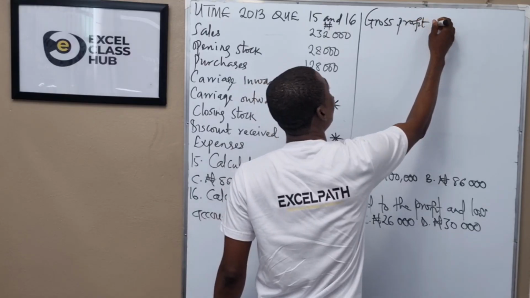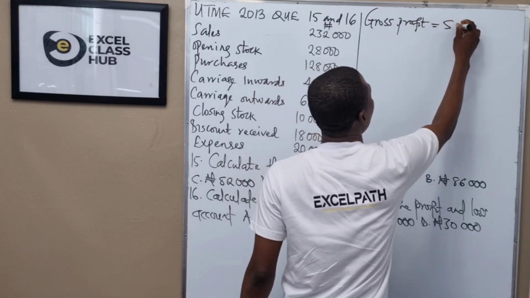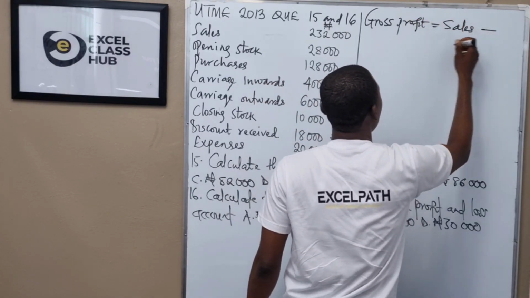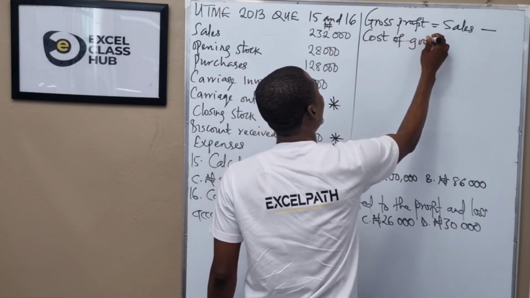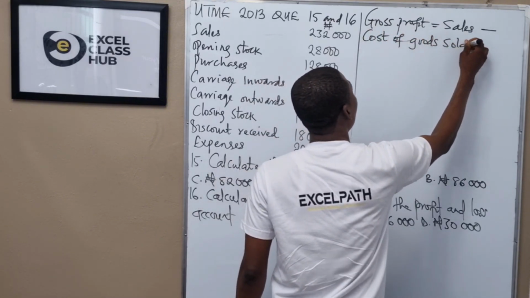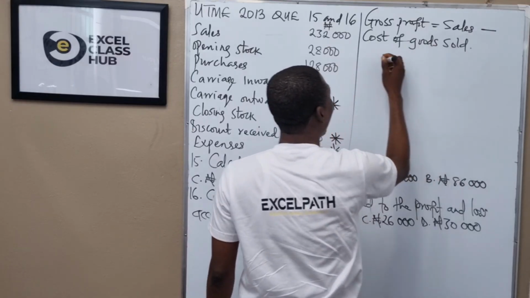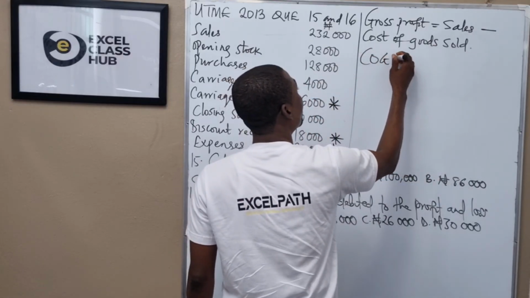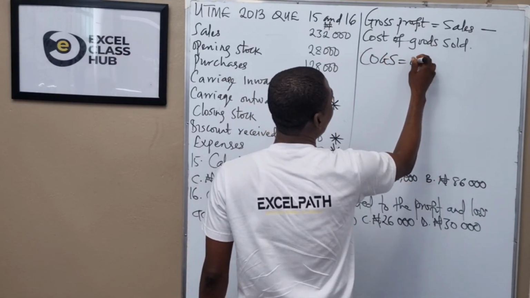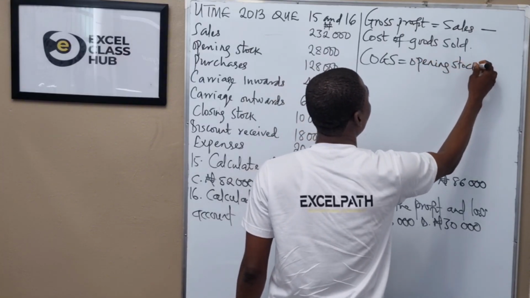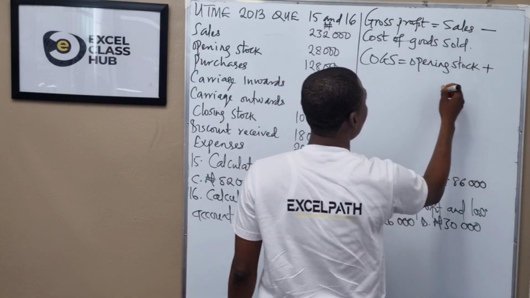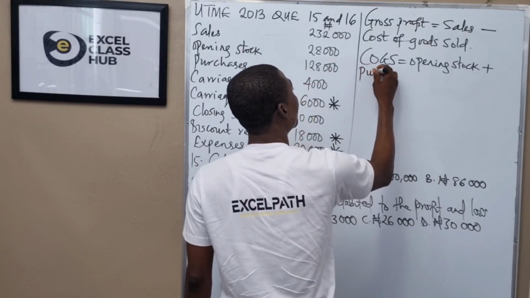Gross profit is equal to sales minus cost of goods sold. Okay? And our cost of goods sold is equal to what? Opening stock plus purchases.